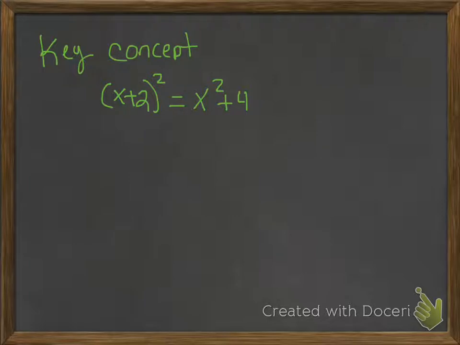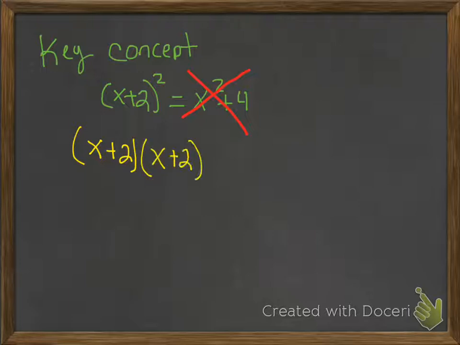You would think it might equal x squared plus 4, but guess what? It does not. It doesn't equal this. Whenever we see a square with a binomial, we need to write it as 2 sets of parentheses. So that becomes that.